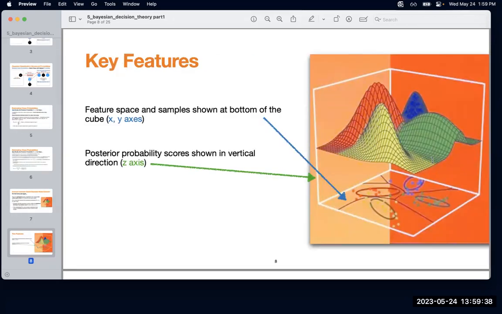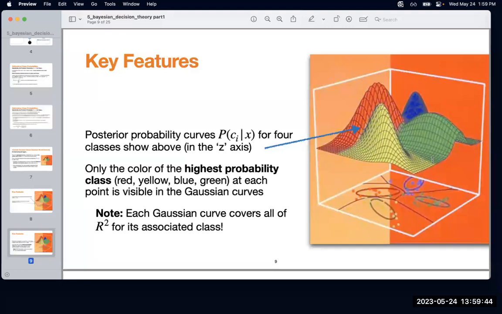This is essentially just explaining what I have previously said. The z-axis, or the vertical axis, is the scoring axis. That's where you see the posterior being estimated, and here in the bottom is essentially the projection that you have from that, or equivalently, these would be our input space.